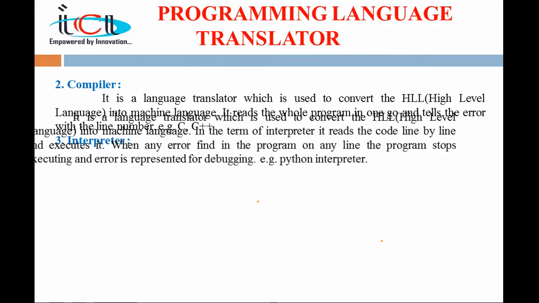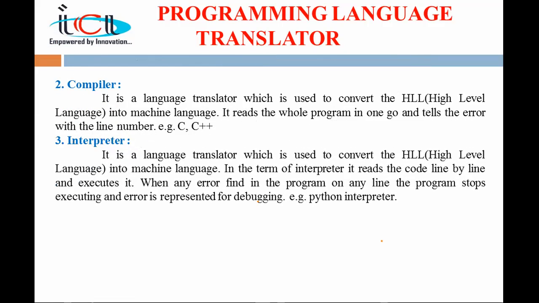Next, the interpreter. An interpreter is also used to convert high-level language into machine language. The interpreter reads the code line by line and executes it. Both the compiler and the interpreter convert high-level language into machine language, but there is a difference in how they work. The compiler reads the whole program at a time and tells the error with the line number.